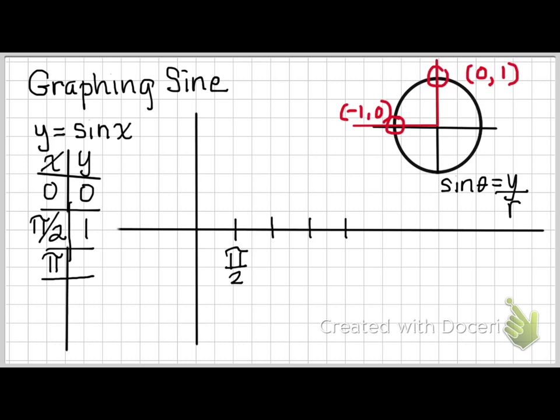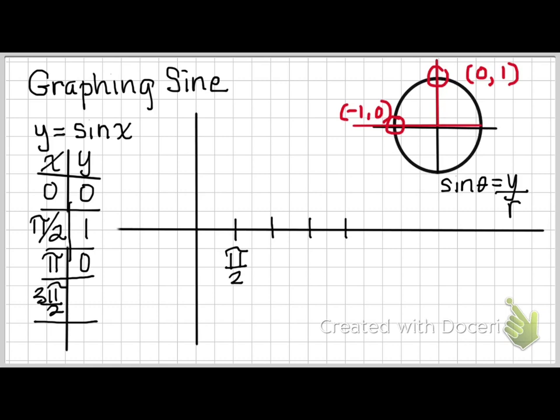And the y over r is therefore 0 over 1, which is 0. Can you guess what my next convenient value is going to be? If I say 0, pi over 2, pi, what would be next? That's right, 3 pi over 2 is going to be the next convenient value.